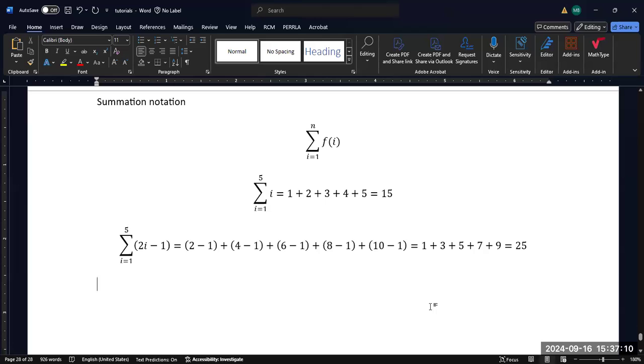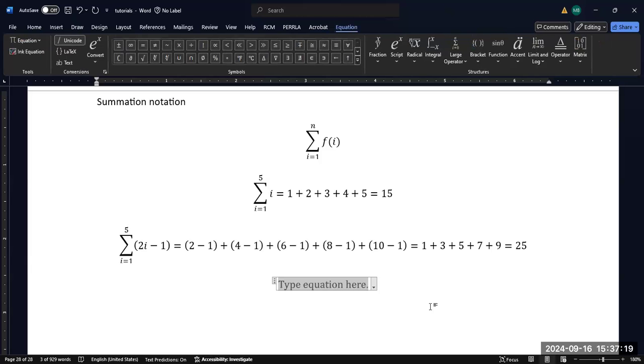Now, because we're just adding, we can do things to our summation notation that we can do with other kinds of addition expressions. So I have this summation of 2I minus 1. You can see from this expression that this is going to be equivalent to the sum of I equals 1 to 5, whatever the stopping point is, of 2I, minus the sum of I equals 1 to n of 1.